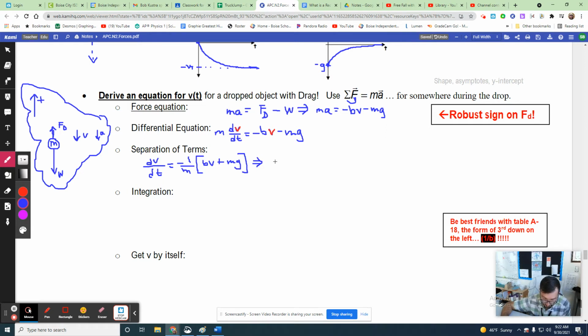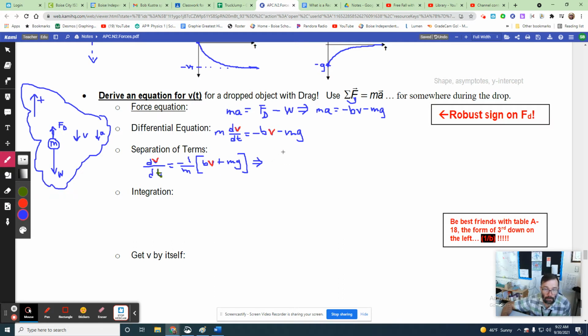Next, I'm going to officially separate my terms. So by the way, here's a v, and there's a v, and here's a t. We don't want those together on the same side of the equation. We want to separate those things.